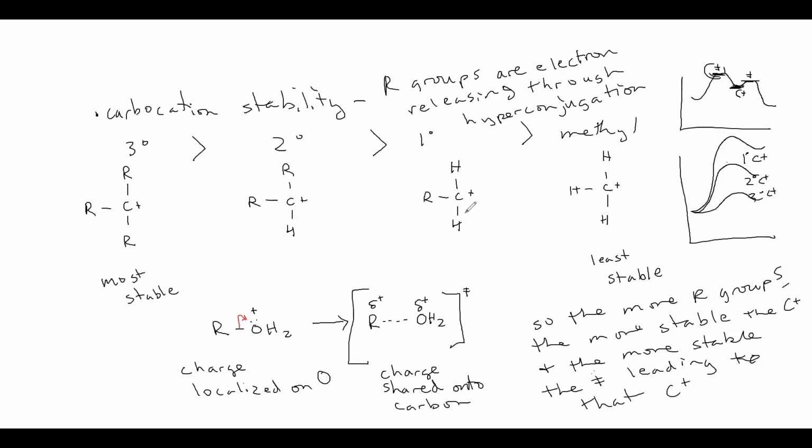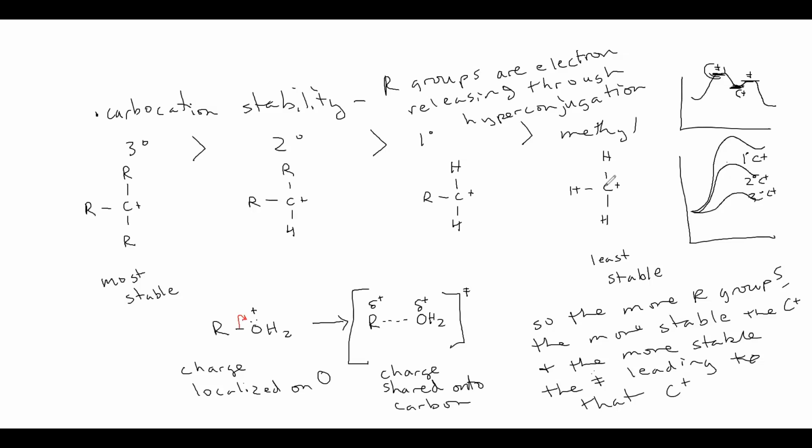Okay. Now, primary carbocations are so high energy that they're actually very difficult to form, and in a dehydration, we just don't see them forming discretely. So what can happen is we can get a variation of the mechanism where we avoid having to form a primary carbocation. So let me show you that.